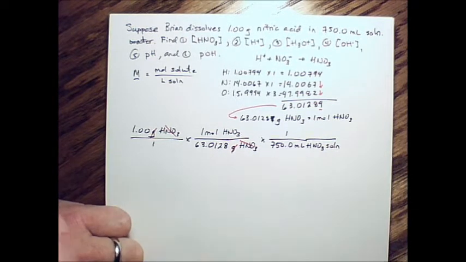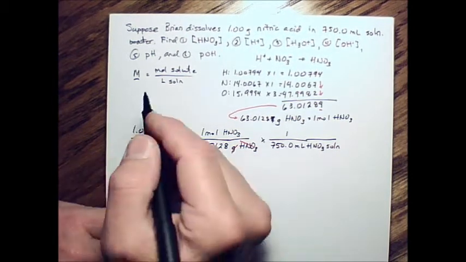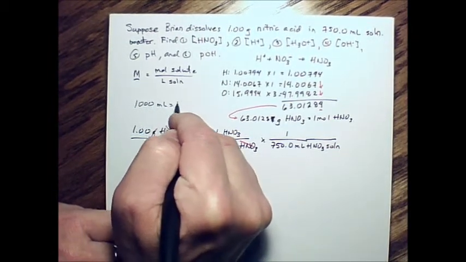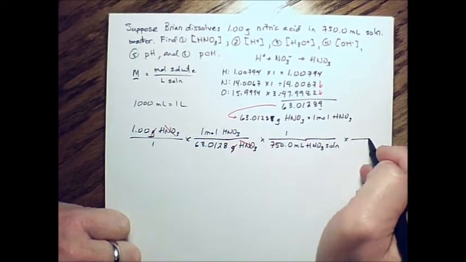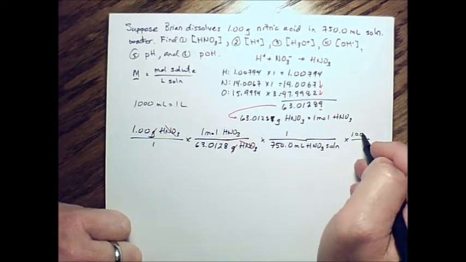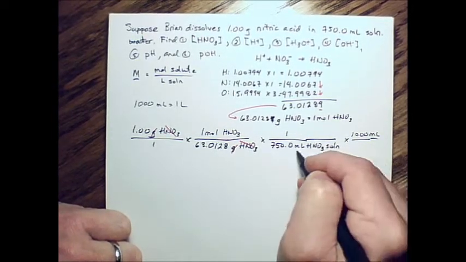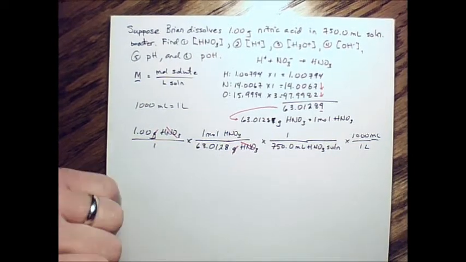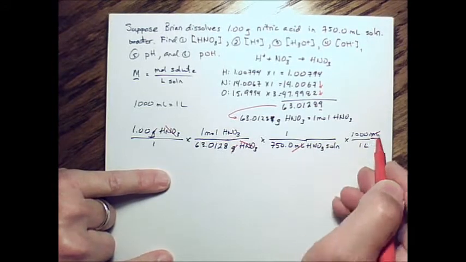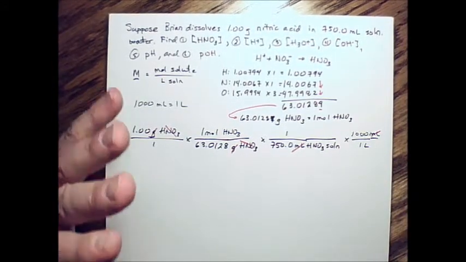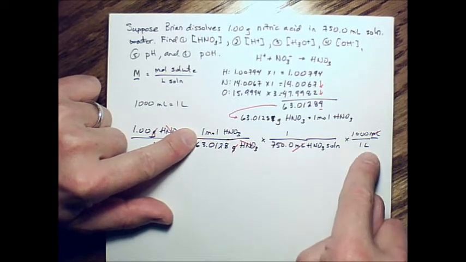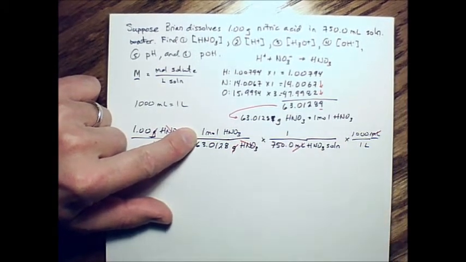What's the equality statement for 1,000 milliliters? We want 1,000 milliliters on the top, so I can cancel, and 1 liter on the bottom. Now we are successful in getting moles of our solute over liters of our solution. We just have to do the math.